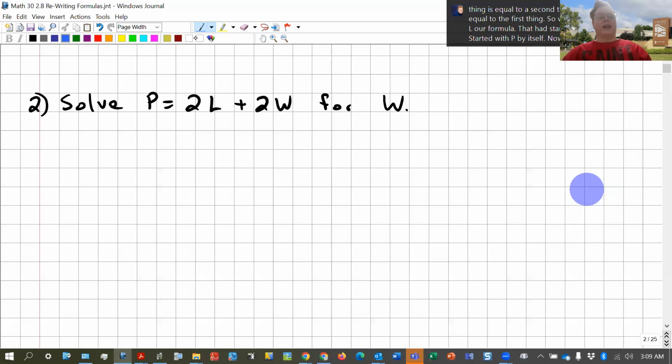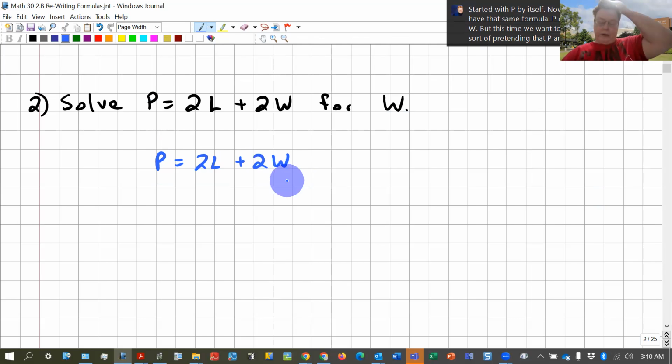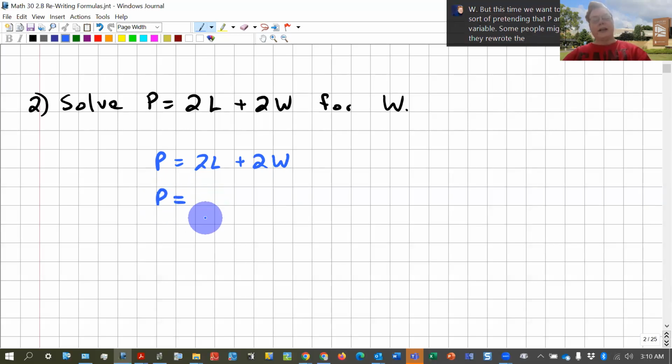Suppose we have that same formula, P equals 2 times L plus 2 times W. But this time we want to get W by itself. Well, if we're sort of pretending that P and L are numbers and W is the variable, some people might feel more comfortable if they rewrote the right-hand side.